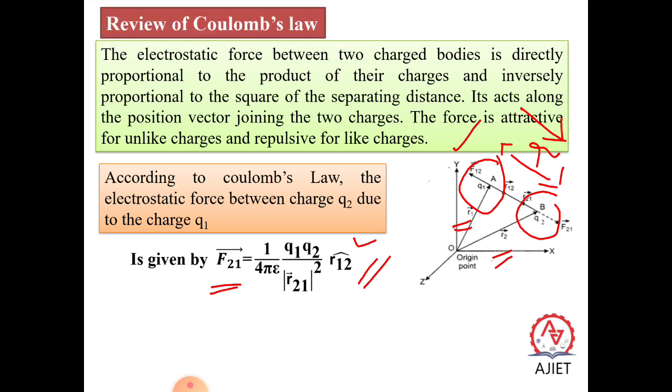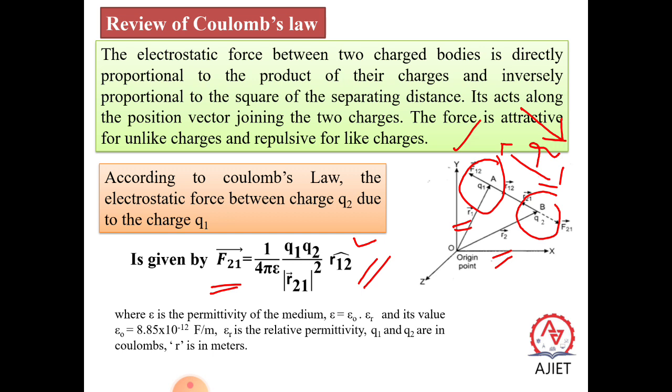Here epsilon is the permittivity of the medium, and epsilon is equal to epsilon naught into epsilon r. Its value is 8.854 into 10 to the power minus 12 farad per meter, and epsilon r is the relative permittivity. Q1 and Q2 are in coulomb, and r is in meter.